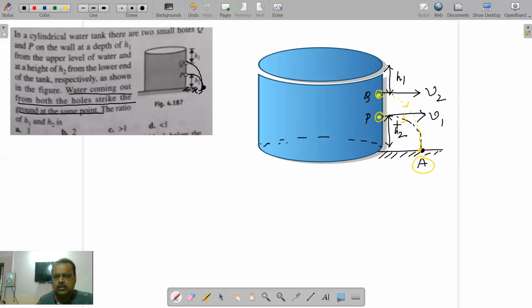These are the two velocities of the liquid, because this jar is filled with liquid. So the velocity of efflux at point Q is V2 and the velocity of efflux at point P is V1. That we can consider.